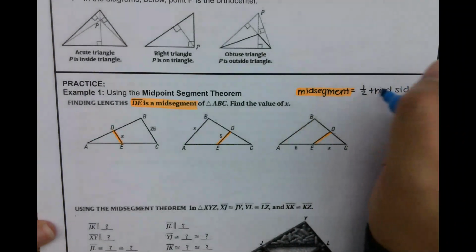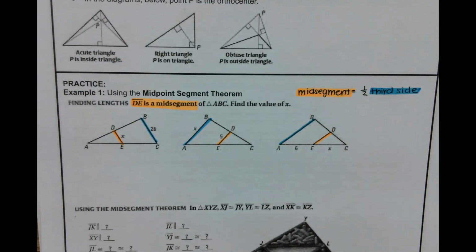So you need to make sure you know where the third side is. This is the third side. This is the third side. This is the third side. It also happens to be parallel. Okay, so let's get started.